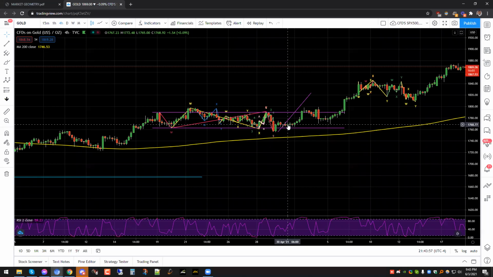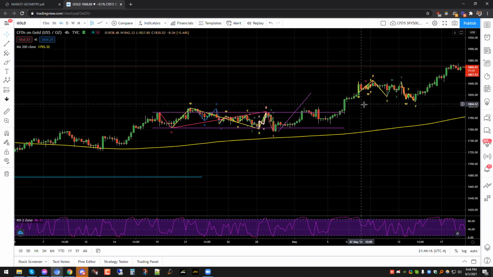So typically when price breaks out of a corrective formation, like let's say price is going sideways, either sloping down or going flat, you draw a trend line over it. Once the price breaks out over it, it means that that correction has come to an end.